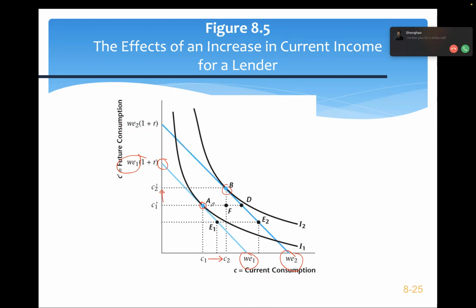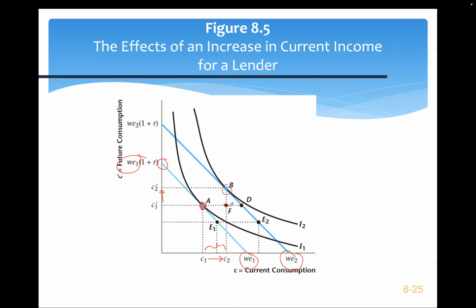So both increase, okay? But the C increase, from here to here, this horizontal difference, is less than your income increase, from here to here.